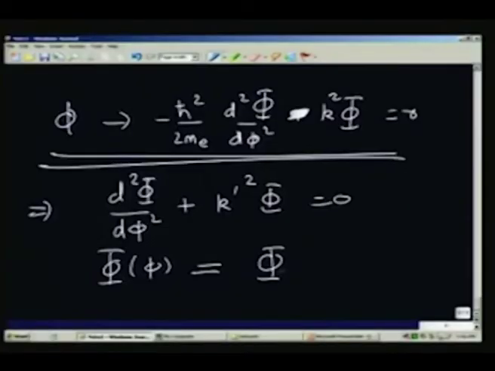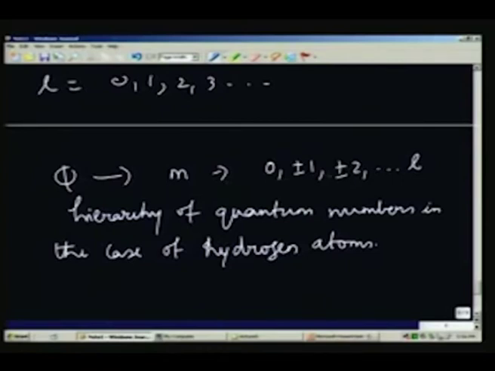The wave function phi part must satisfy small phi plus 2n pi, where n can be 0, plus minus 1, plus minus 2, etc. Therefore, this introduces a quantum number for the phi part m, which I had just written down here as 0, plus minus 1, plus minus 2, etc. up to L.